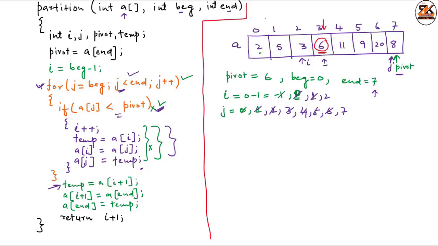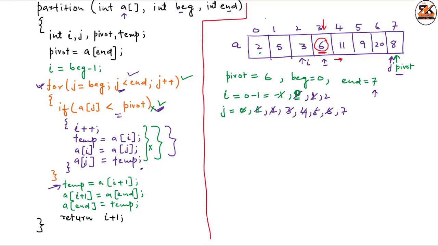You can see that the elements to the left of 6 are less than or equal to 6, and to the right of this 6 they are greater than 6. So we can say that 6 has been placed in its appropriate place after the first iteration.